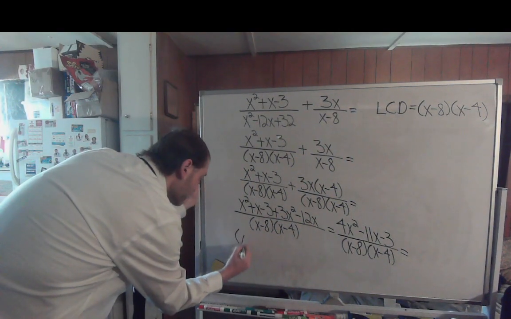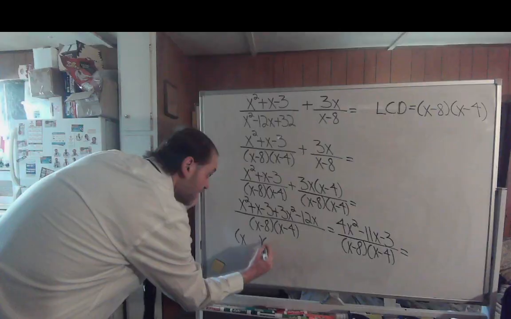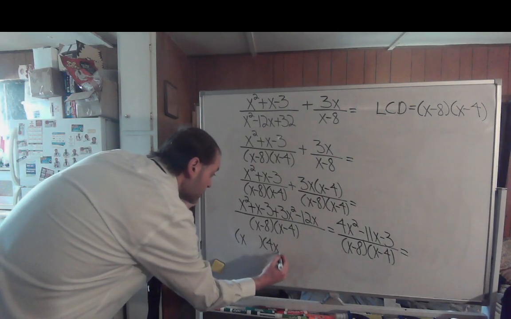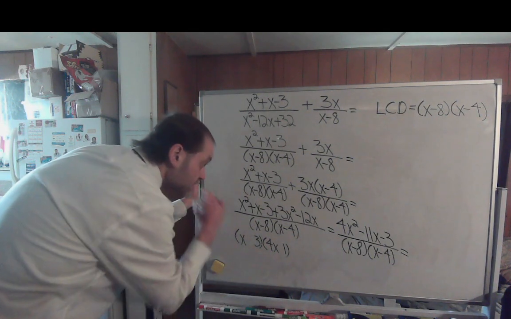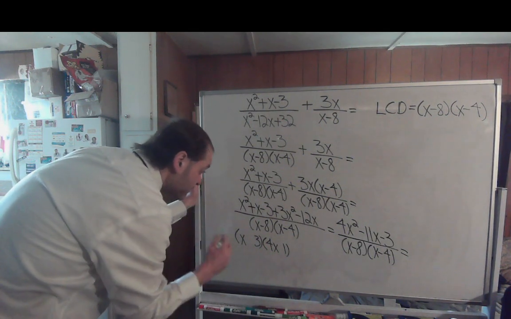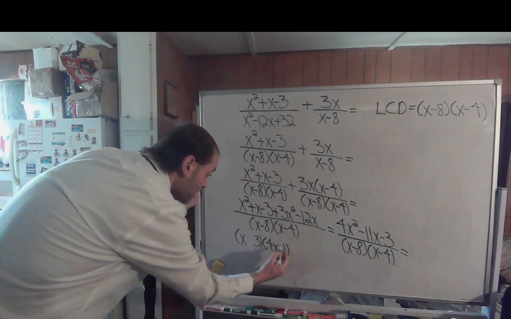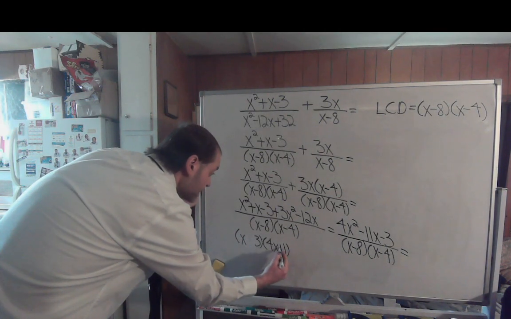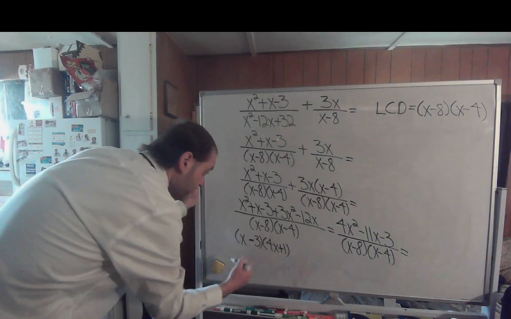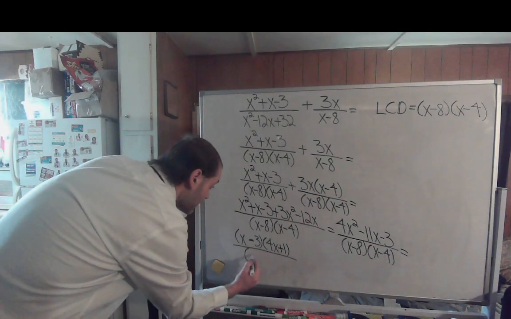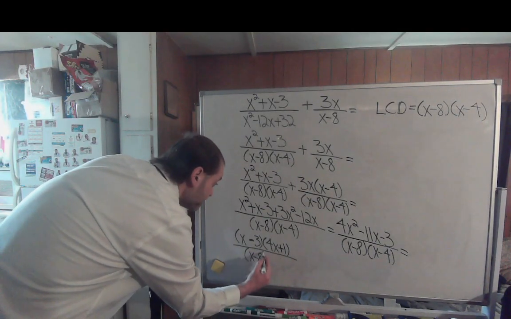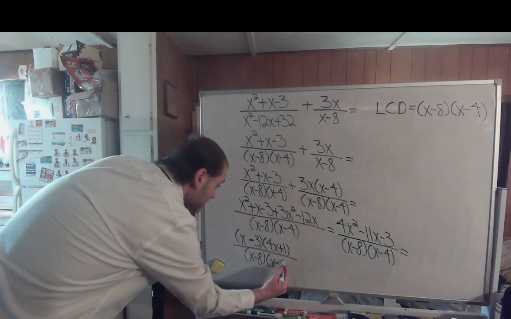So let's see, we should have an x, and then we should also have a 4x. So that should be 3, that should be 1. So let's see. 4x squared plus x minus 12x. Yeah, that gives you minus 11x minus 3 all over (x minus 8) times (x minus 4).